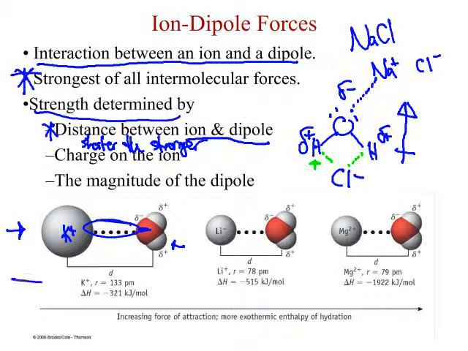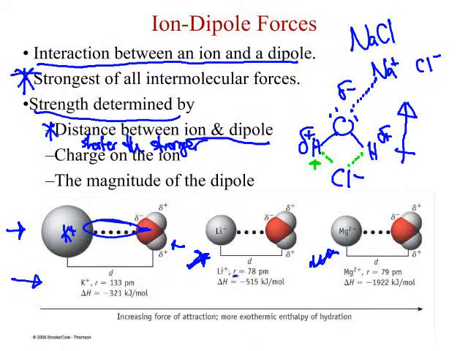If we consider these examples down here, let's just look at potassium and lithium right here. Lithium is a smaller cation than potassium is, and what that means is that because it is the smaller cation, it can more closely approach the water molecule.